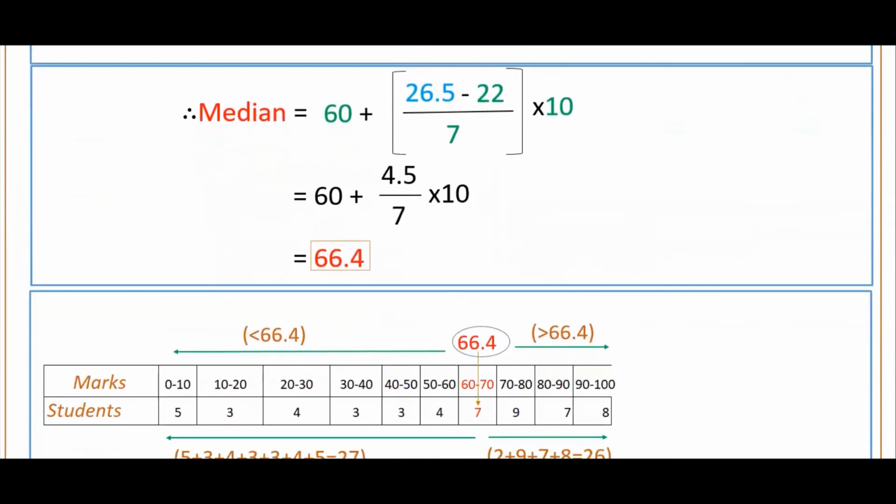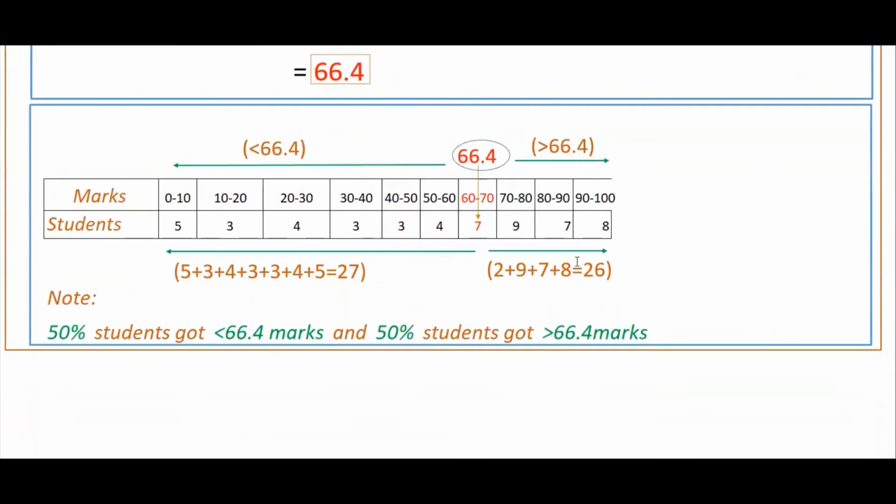So now you can see from this, you will understand here 66.4, these are the marks and these are the students, and 66.4 is in between 60 to 70. This is the class interval in between 60 to 70. So mark here 66.4.